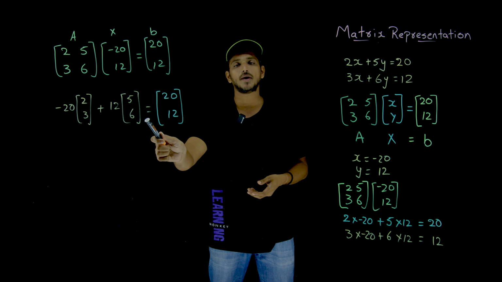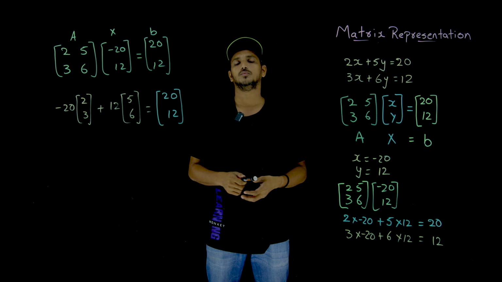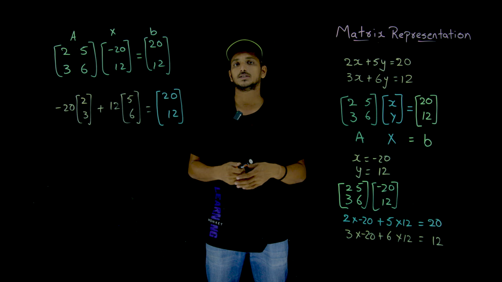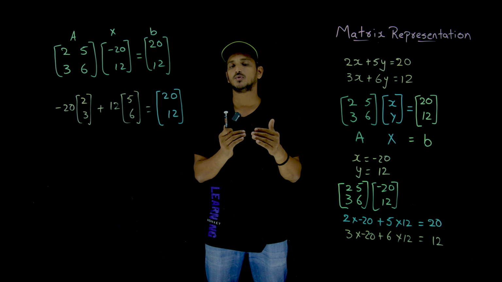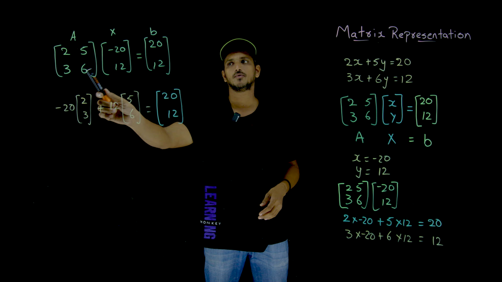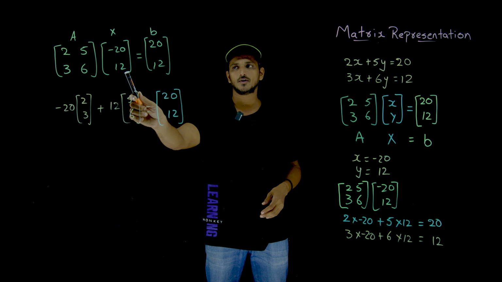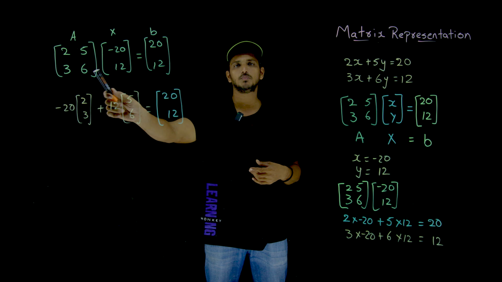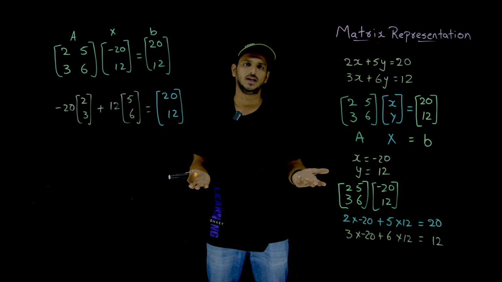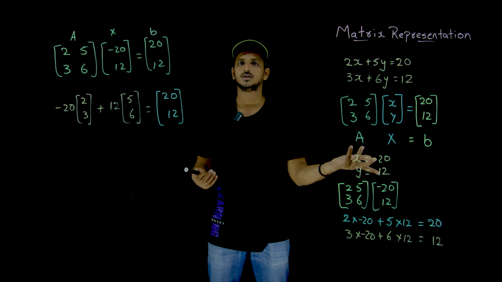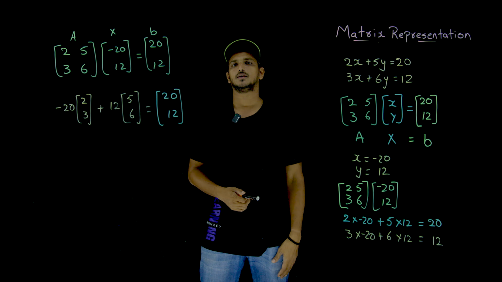This is exactly matching the column view. That's why from now onwards, whenever we say the system of linear equations is represented in the form of AX equals B, whenever we discuss this multiplication, we are going to do it column wise. Anyhow, if you do it row wise, it is going to give the same answer.